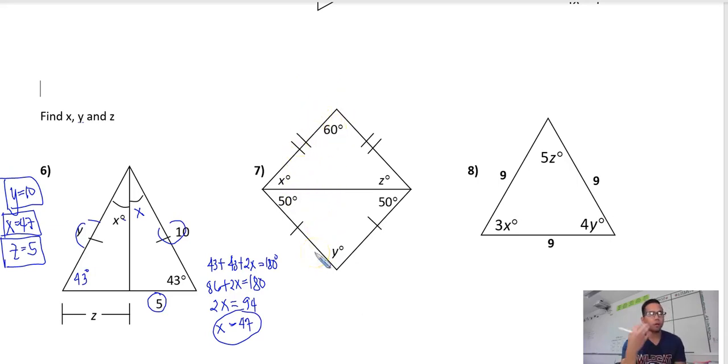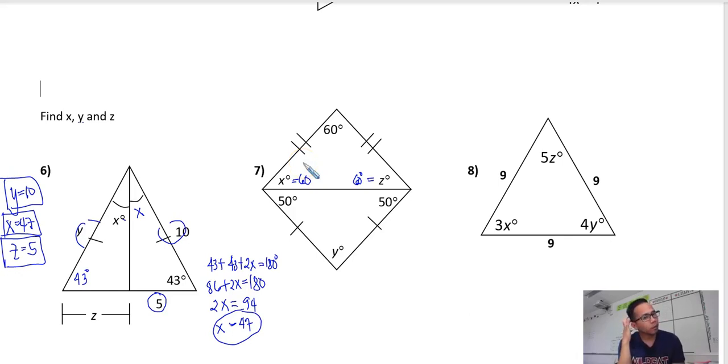Now number 7, it's a combination of isosceles and equilateral triangle. The top triangle is an equilateral triangle. Therefore, x is equal to 60 and z is also equal to 60 degrees because the top one is 60 degrees, it says there.